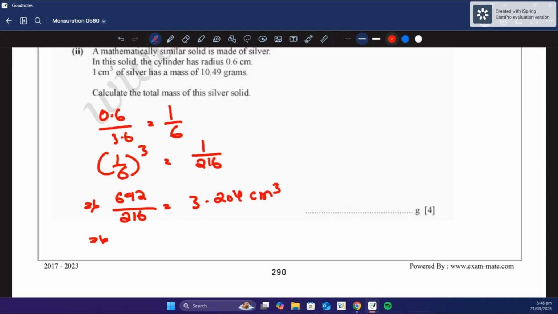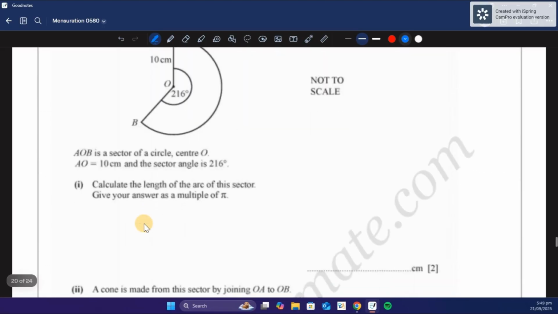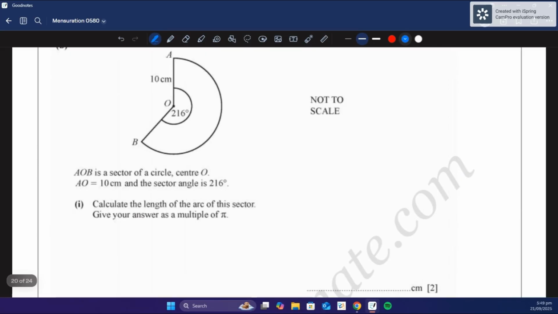And as for the mass, mass equals volume into density. So we have the density, and we have the volume, so 3.204 into 10.49, and that would give us a final answer of 33.6. All right, perfect.